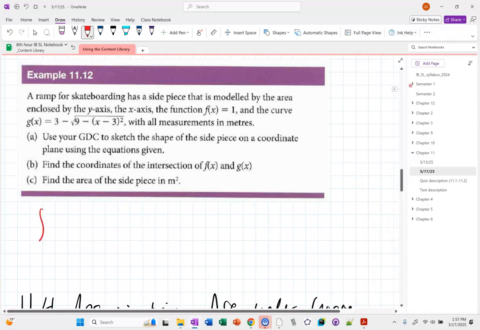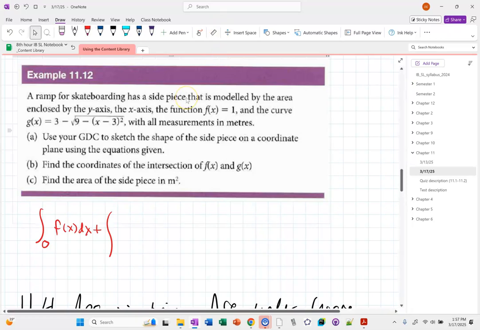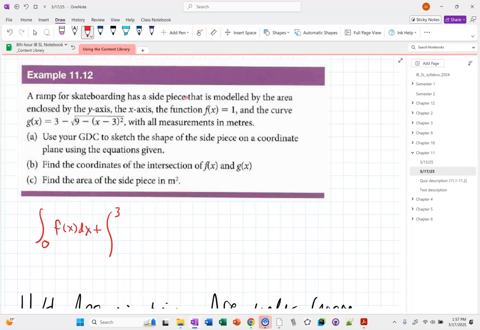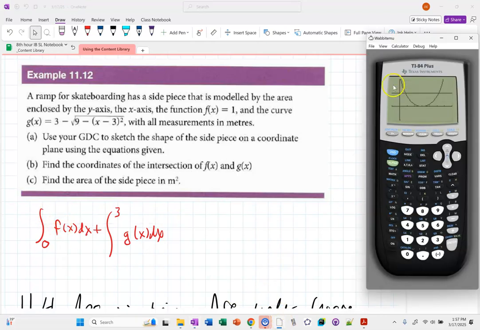So again, we'll have the integral from 0 to whatever of f of x dx plus the integral from whatever to 3 of g of x dx. We just need to find that value, which is just the intersection of the two curves.